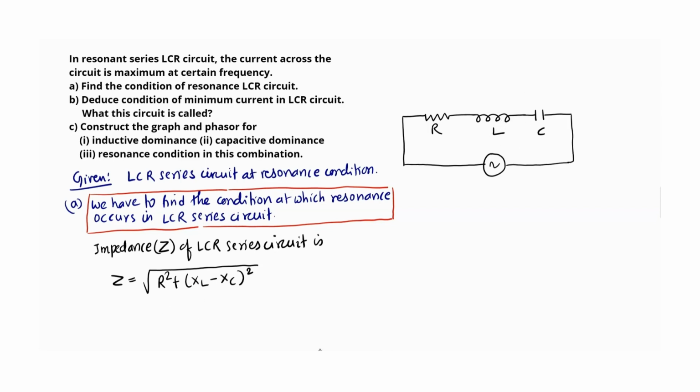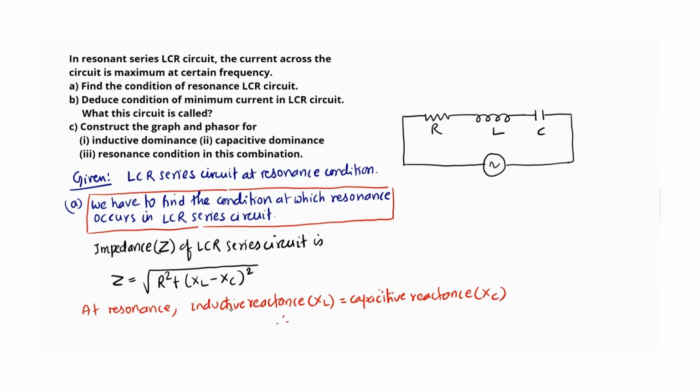Now, at resonance, we find inductive reactance equals capacitive reactance. So I'm writing over here, inductive reactance XL equals capacitive reactance, that is XC.